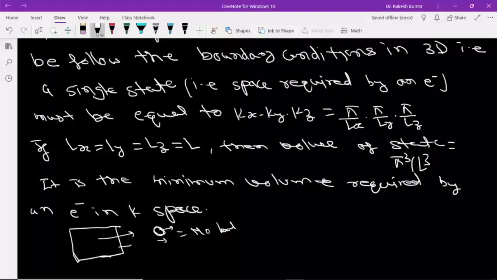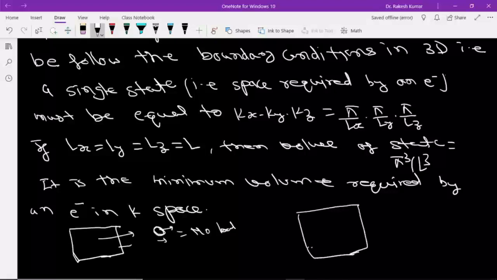Similarly, but here we are using physical dimension, but for density of states, instead of physical dimension, we have to use momentum dimension. Let's say this is the volume in K space.